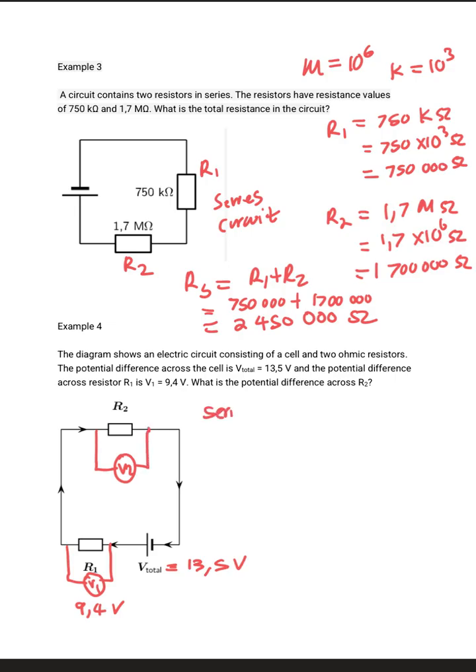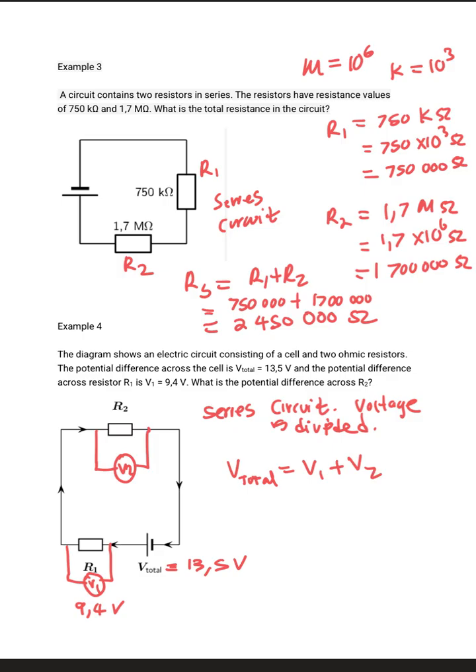This is a series circuit, and in a series circuit, we know that voltage or potential difference is divided. So if it's divided, it means V total is actually V1 plus V2. That's what being divided means.